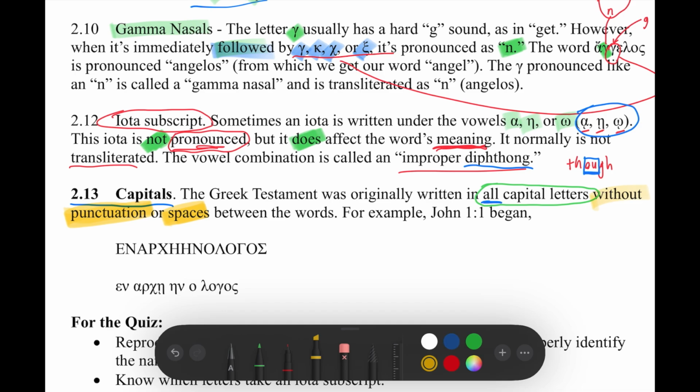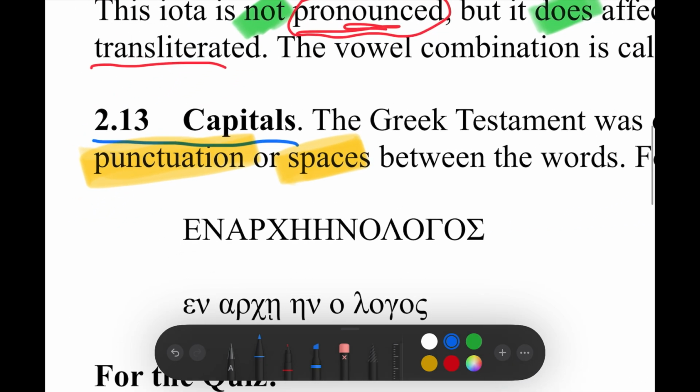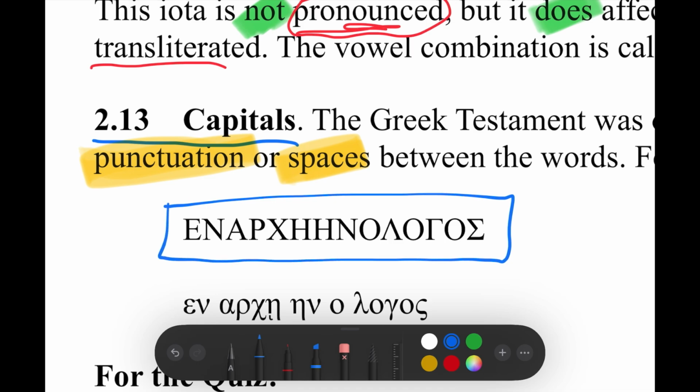So, for example, the beginning of John 1:1 would have looked like this. I don't know about you, but that is a little bit hard to decipher.